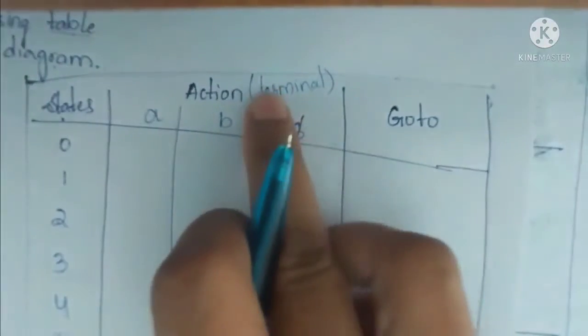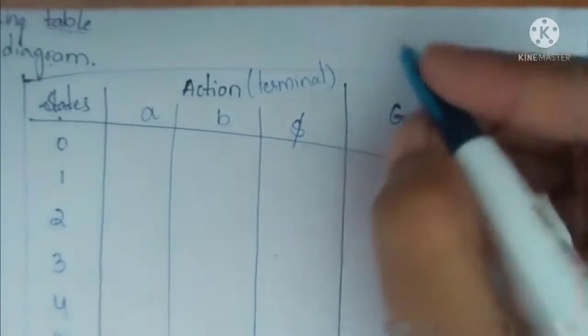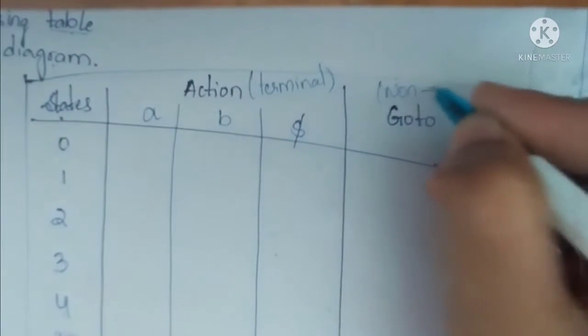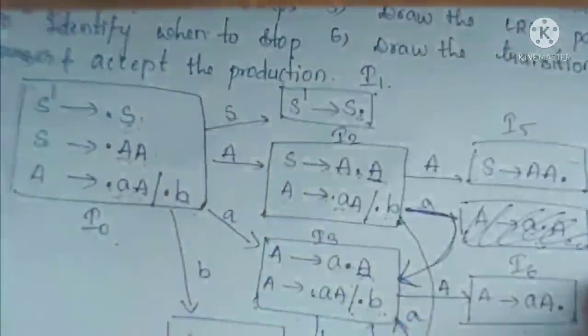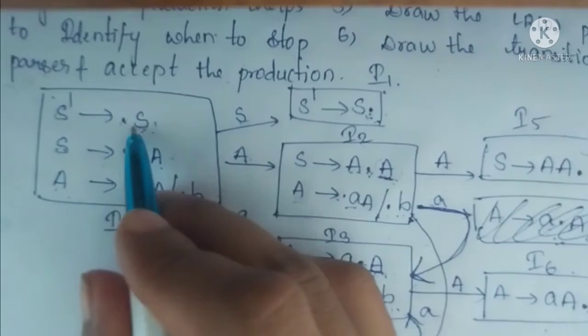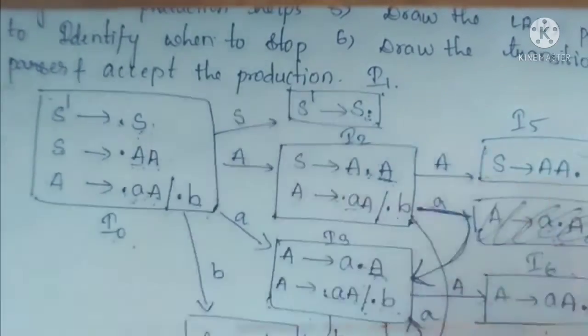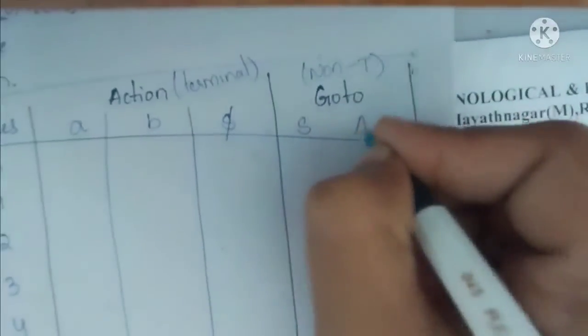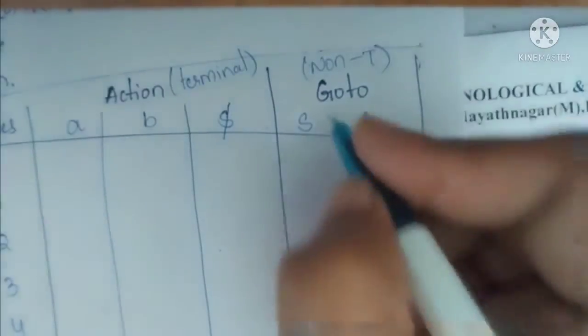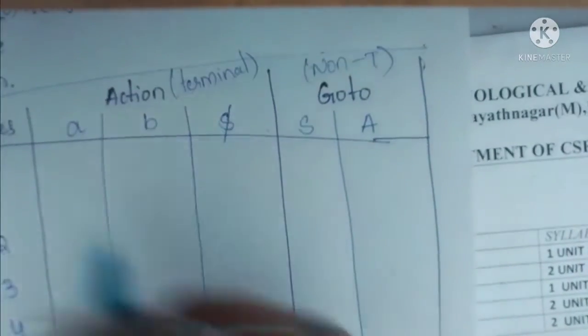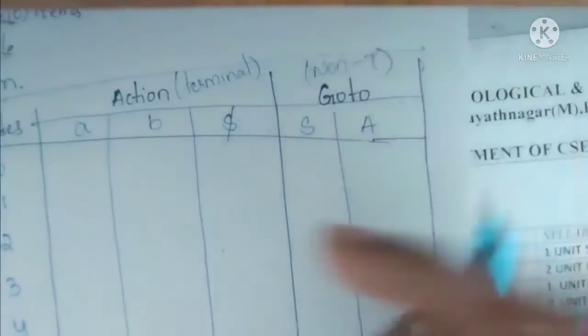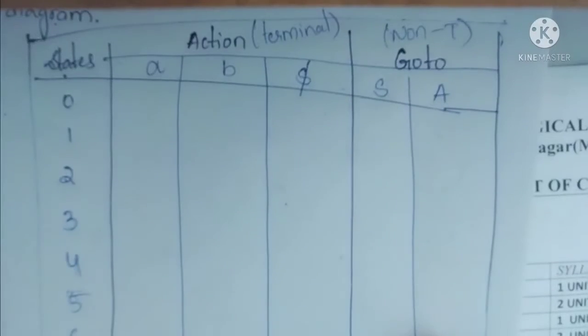In the go to you have to write the non-terminals. So how many non-terminals are there? Check the productions once again. What are the non-terminals? S and A. These are the 2 non-terminals. You have to write S as well as A. So this is the table you have to write for the parsing table.